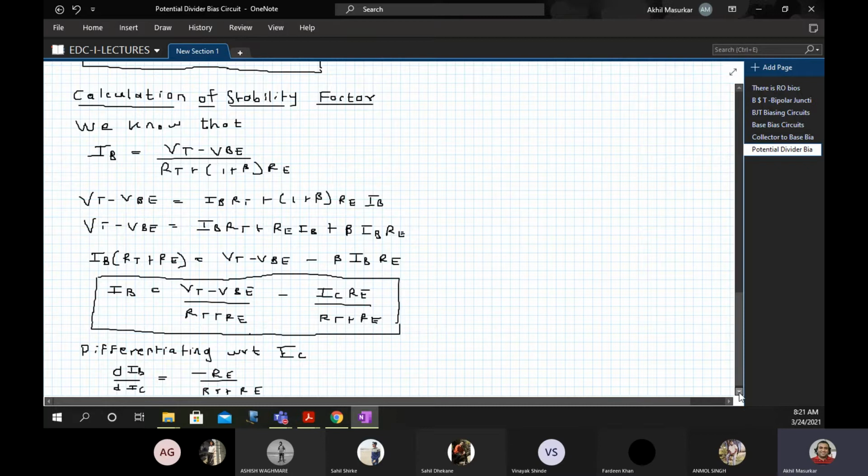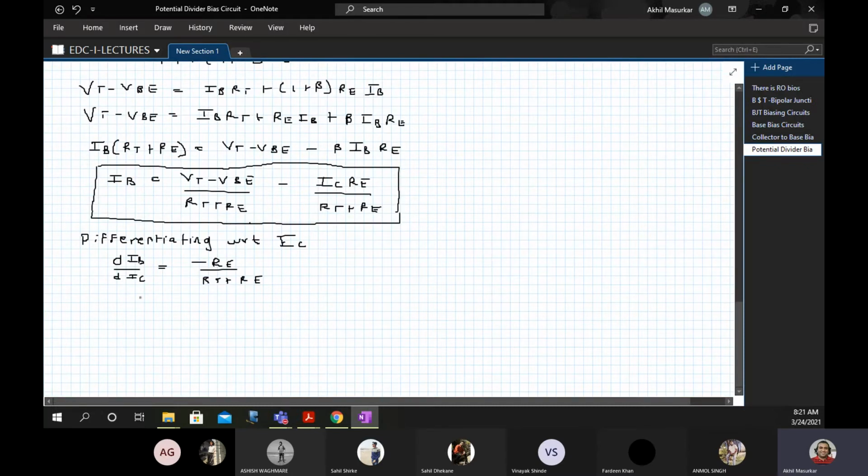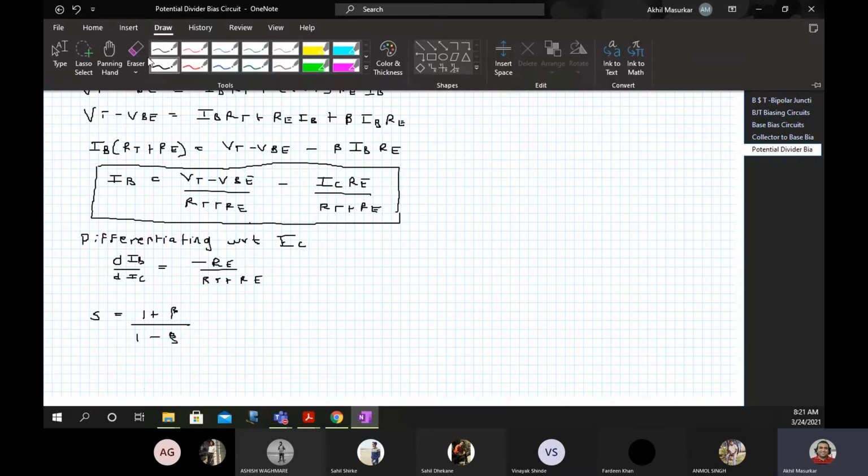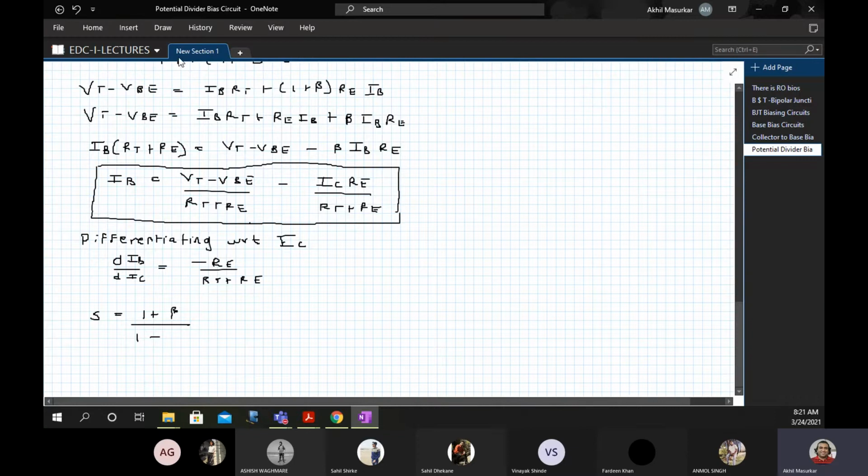And we all know that we have already done this last time, that is S is equal to (1 plus beta) upon (1 minus beta into delta IB by delta IC). So this equation would come inside this.